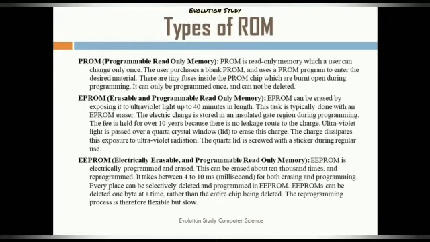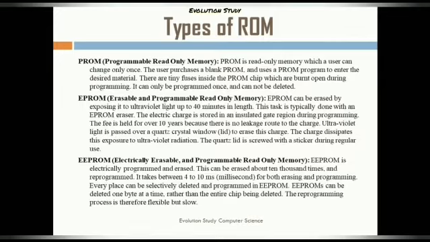EPROM, erasable and programmable read-only memory. EPROM can be erased by exposing it to ultraviolet light for up to 40 minutes. This task is typically done with an EPROM eraser. The electric charge is stored in an insulated gate region during programming.